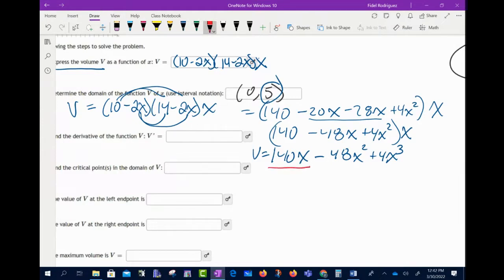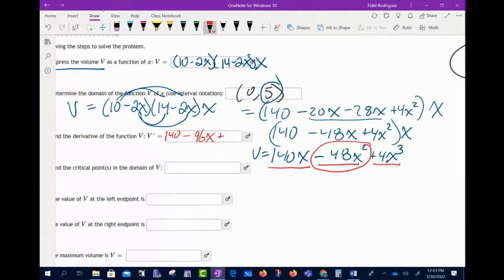What's the derivative of 140x? 140, right? Makes it easy to do. What about the derivative of a minus 48x squared? I'll give you a hint, it's going to be a minus. Right, but what's the derivative of this one? 96.